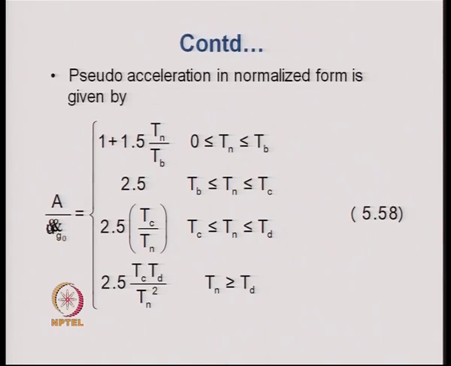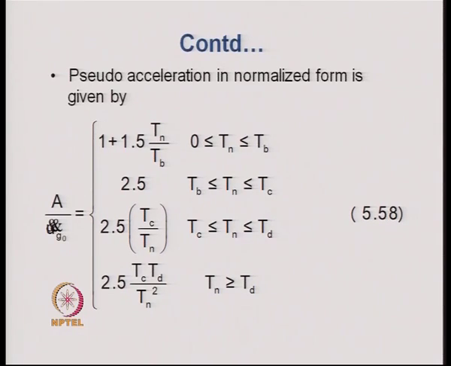When we try to plot the pseudo acceleration normalized with respect to g, we call this a by g0, that is given as 1 plus 1.5 Tn by Tb, so long as Tn is lying between 0 to Tb.